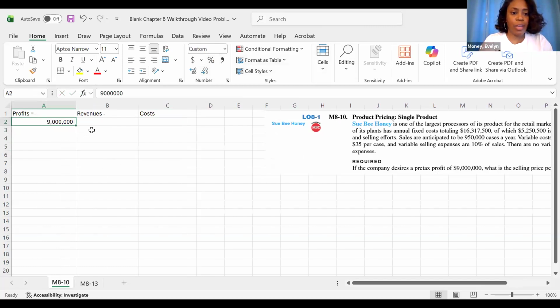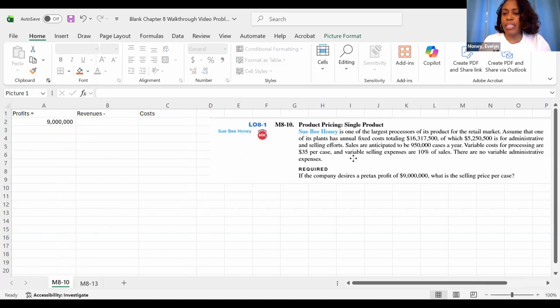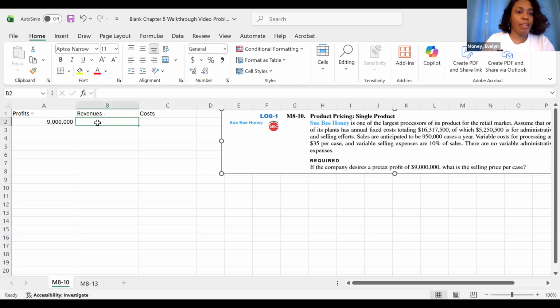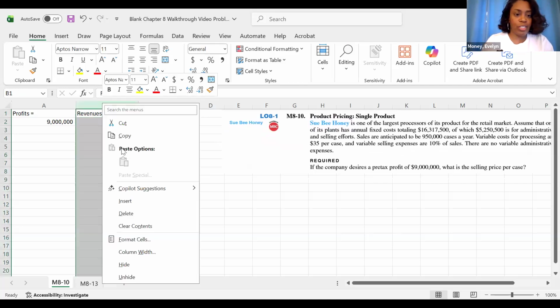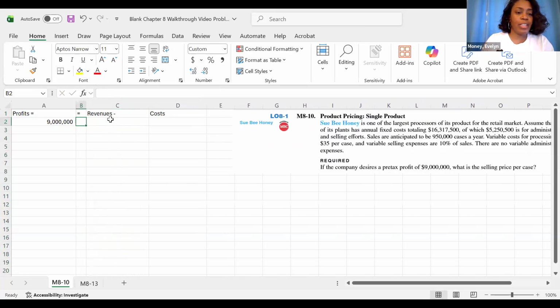Add in some commas so I don't get lost. Revenues, I don't know, but I do know how many units I would like to sell. Sales are anticipated to be 950,000 per case. So that 9 million, let me change this up a little bit so that when you go back to look at this later on, it makes a little more sense.